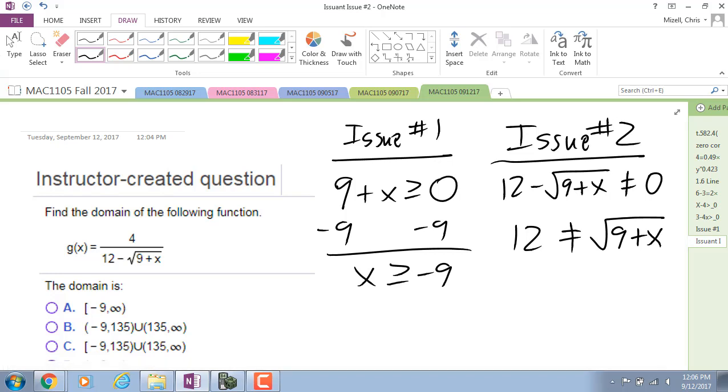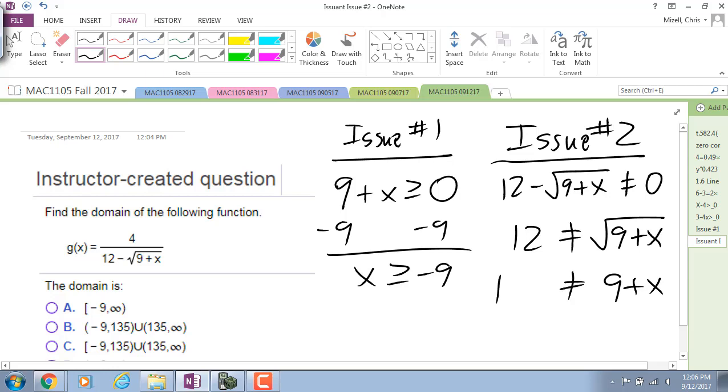Can you just stare at this and find the value that makes 9 plus x have a square root of 12? Well, it would make 9 plus x itself be 144, because 144 is a number that has a square root of 12. So x better not be 135.